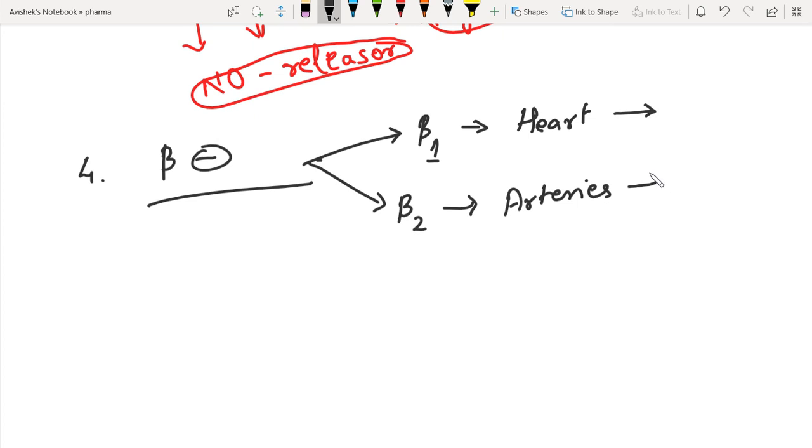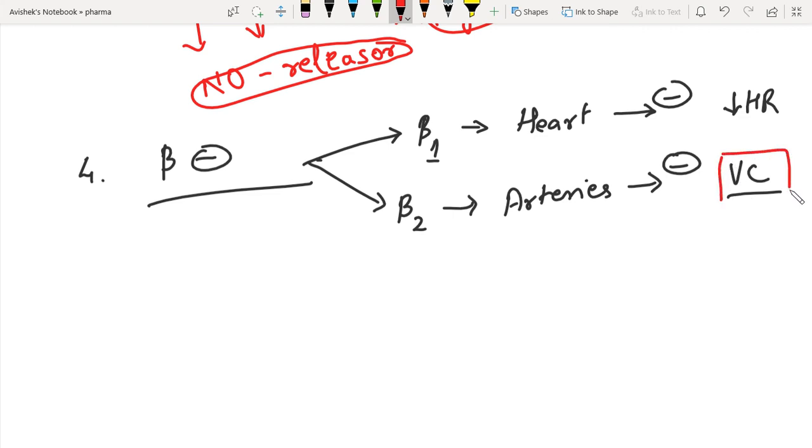So what will happen if we block beta 1 receptor? It will decrease heart rate. If we block beta 2 receptors, it will do vasoconstriction. So beta 2 blockers are contraindicated in variant angina.